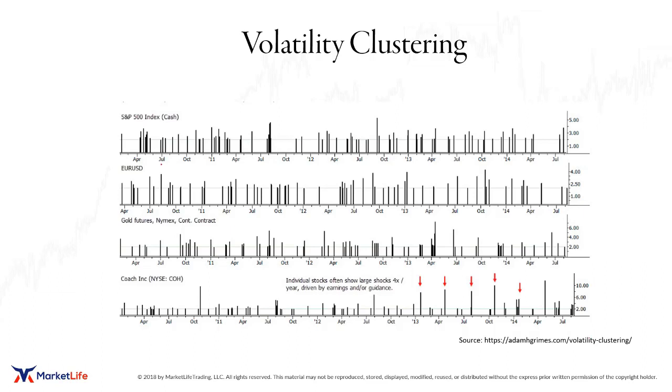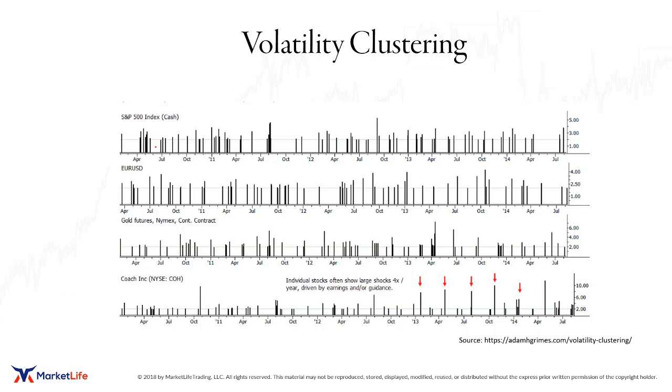Each of these lines is a separate market. The S&P on top, currency, stock on the bottom, and a futures market in the middle. And this is a measure that filters out the small moves and just shows us the big moves in absolute value. So whether the market went up or down, you're going to see a positive number here.